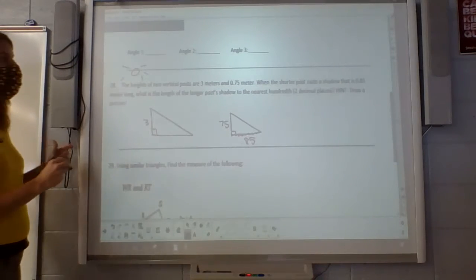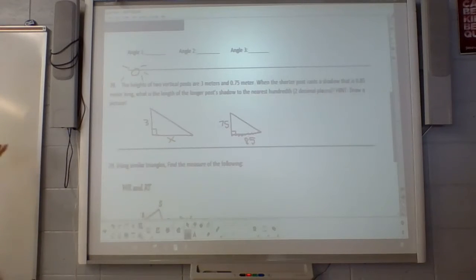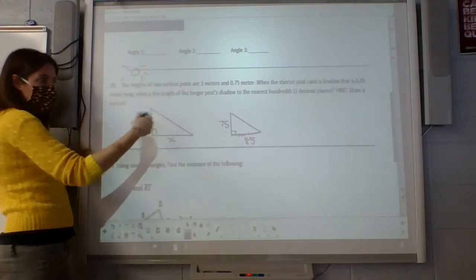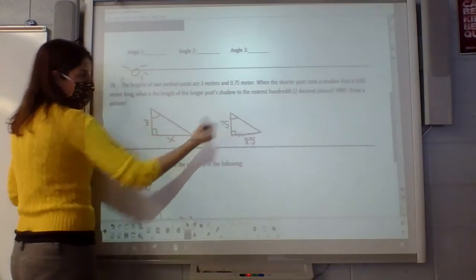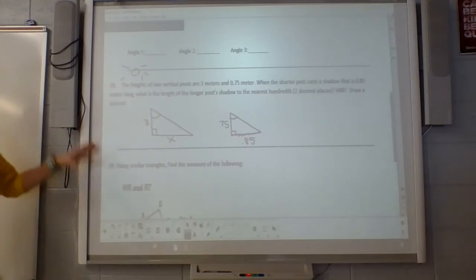They want to know the longer post's shadow. These are going to be similar triangles. The general idea is that if the angle of the sun is the same for both posts, this angle is going to be the same. So again, this is angle, angle. So we're setting up a proportion.